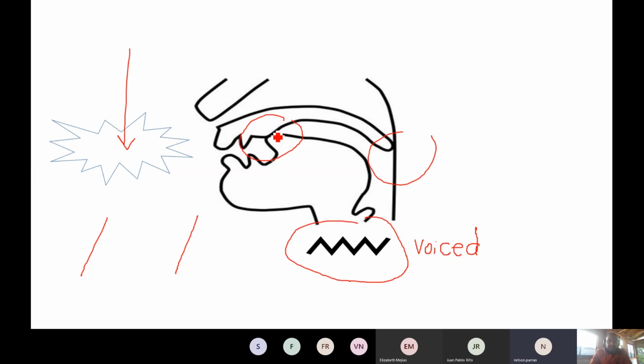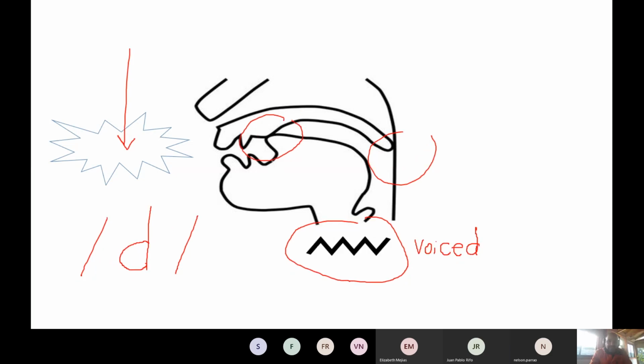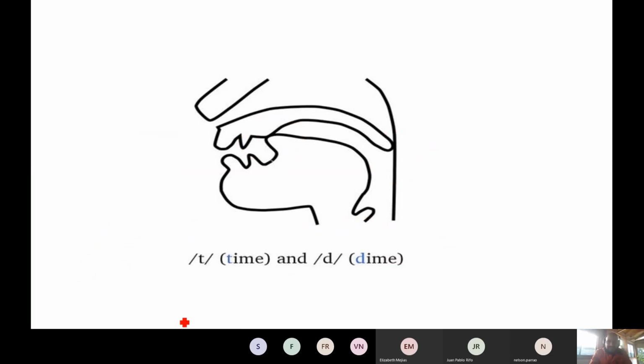The sound that JP said, it's d, as in day. Okay, let's see. T and D. Perfect. T in the first one as in time, and D in the second one as in dime.